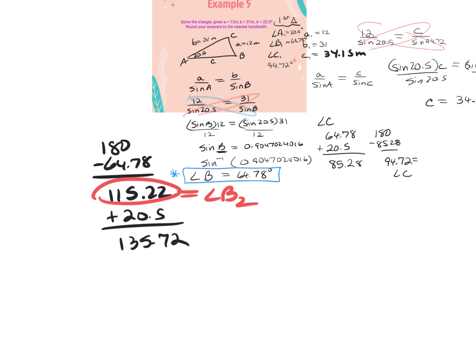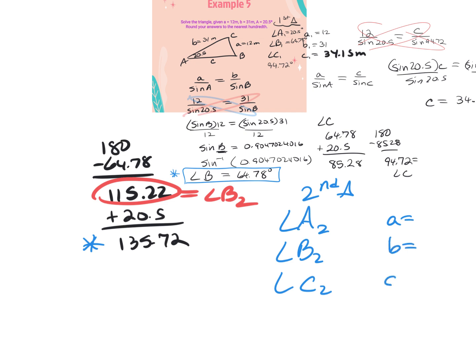And if this number that's right here is below 180, then a second triangle can be formed. So again, I'm going to be filling in the same information, and I'll put little subscripts here so I know that this is for the second triangle. So angle C, side length A, B, and C, and these are all for the second triangle.